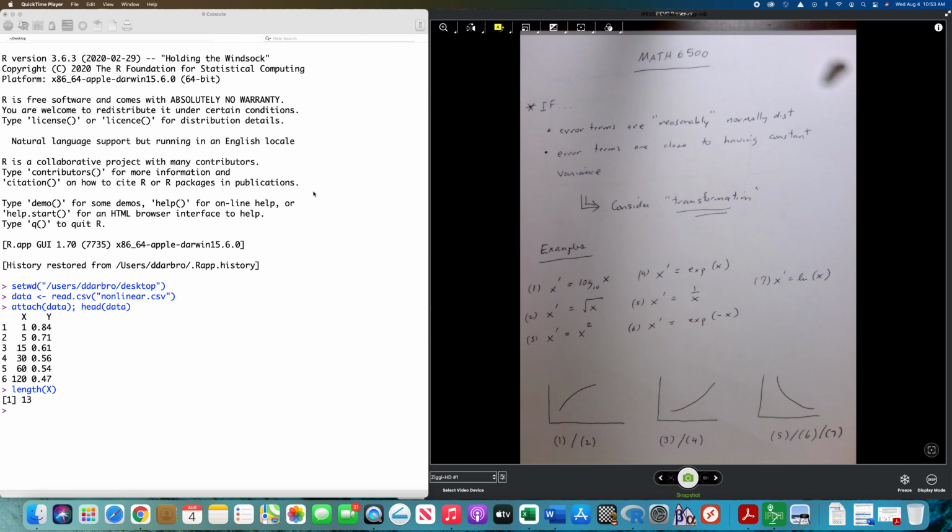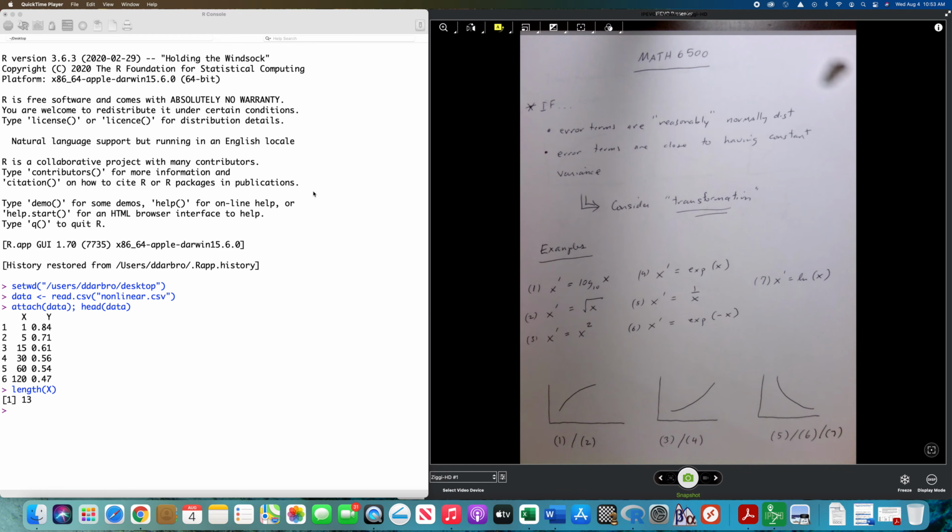So we have to take these to heart. I think the error terms were reasonably normally distributed, but the error variance across each level of X was not close to having constant variance.